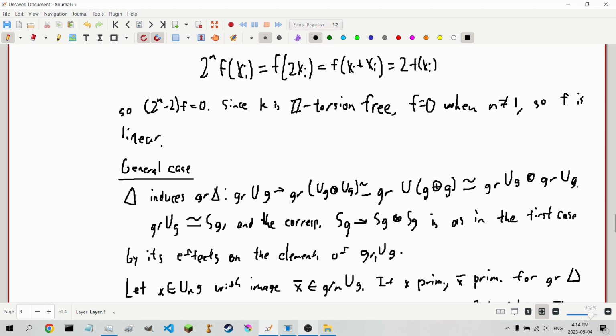Now, as we have that these graded universal algebras in this context are isomorphic to the symmetric algebra in G, and the corresponding map from the symmetric algebra of G to the symmetric algebra of G tensor itself is, as in the first case, where this reduces to this linear map.